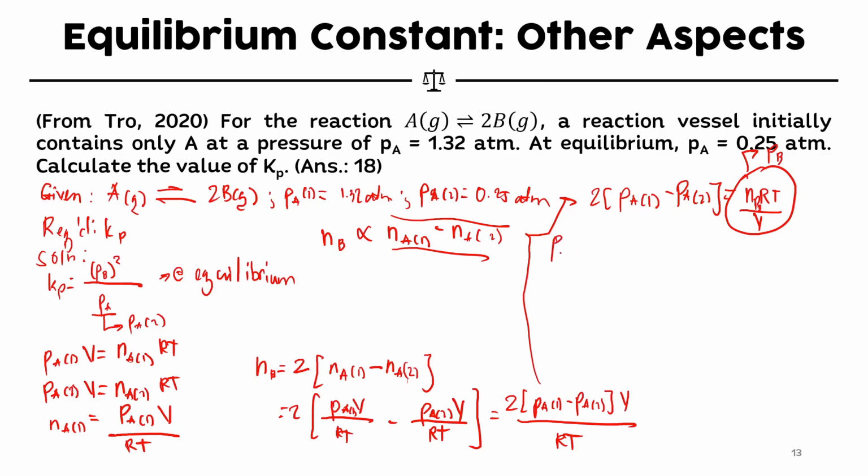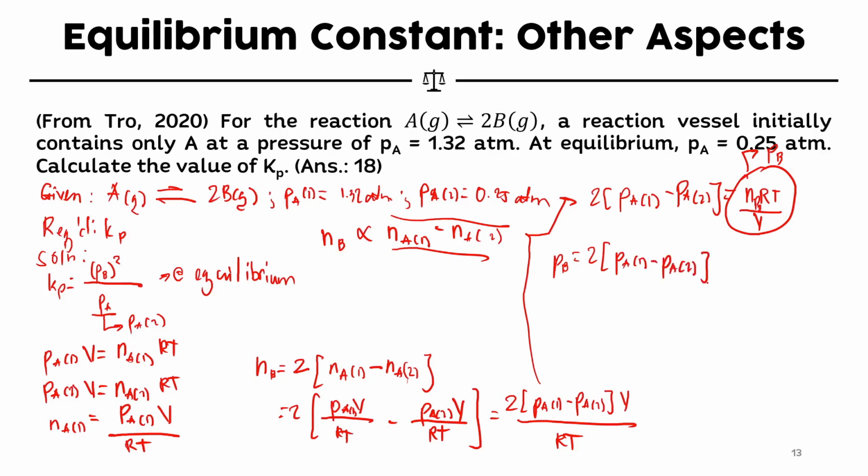Therefore, the partial pressure of B at equilibrium is equal to 2 multiplied by the difference in the initial and equilibrium partial pressures of A.